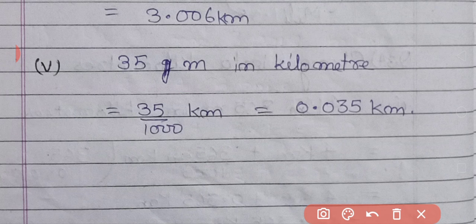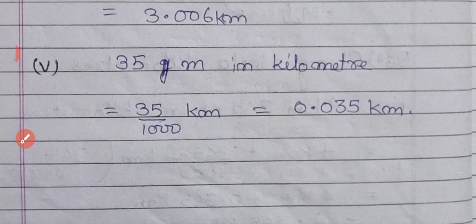Now it is a decimal fraction, so we only have to count the number of zeros. 3 zeros are here, so we have to count 3 digits in the numerator from the right side. 5, 3 and 2 digits are given, so we will put a 0 and then we will put the decimal. So it became 0.035 kilometer.